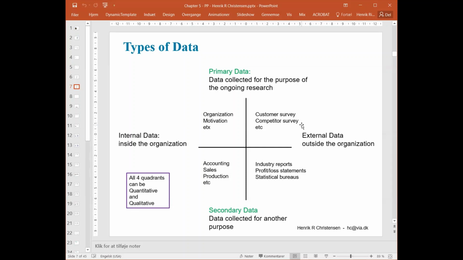And we also need to consider, are there any secondary data that we need to collect, either internally or externally?